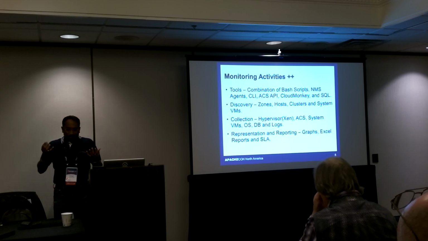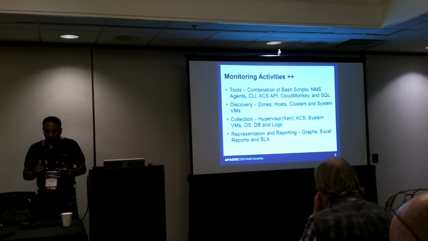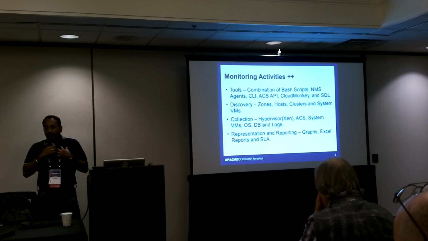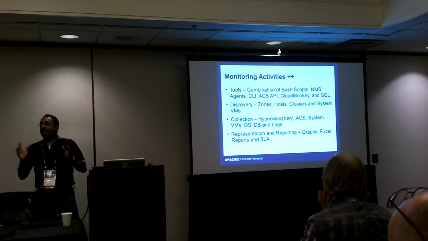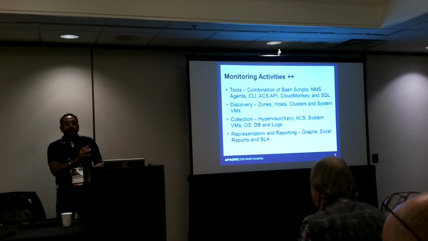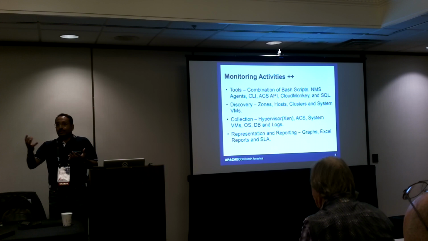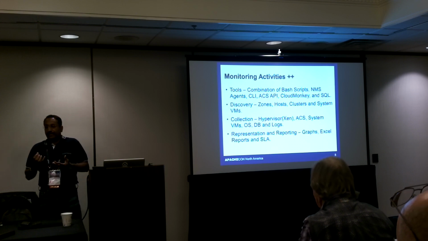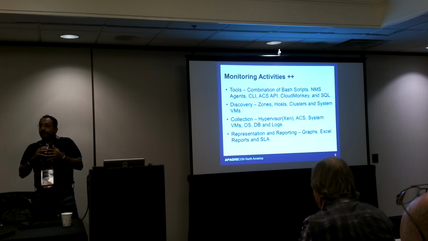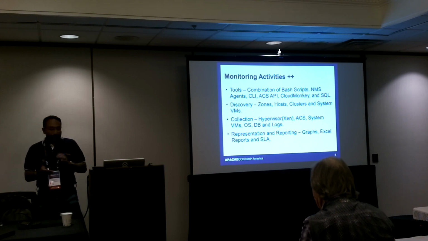What I'm trying to emphasize here is that we noticed there is not one single tool that can help you do everything. That's why we use a lot of bash to take data, whether it be discovery data or collection data, and then validate it and decide what to do.